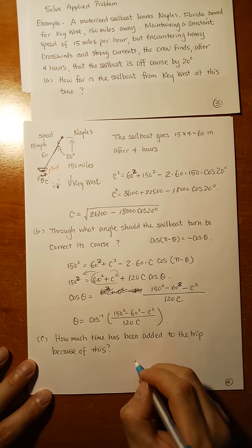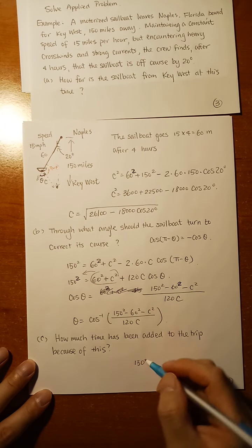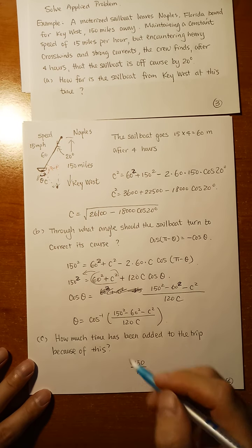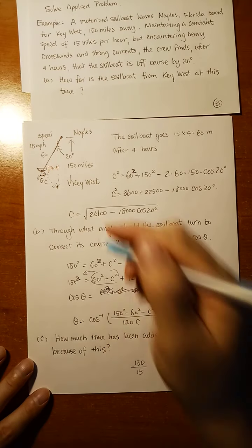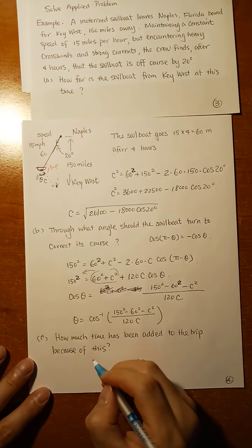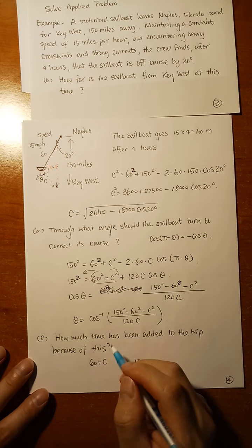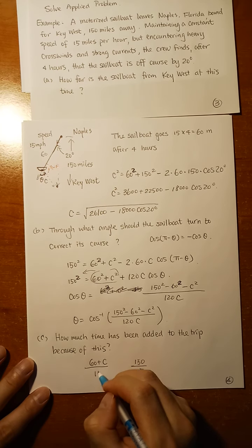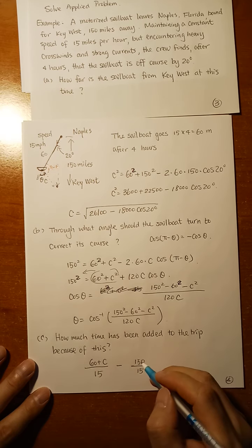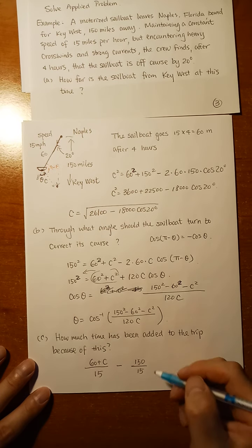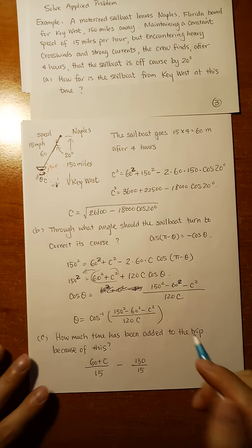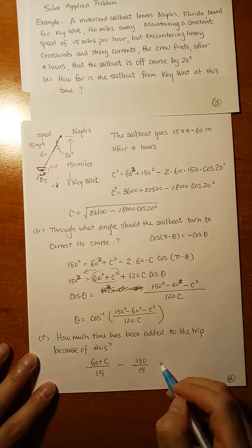So you only need 150 miles over 15 miles per hour, so you need 10 hours to go to Key West. But currently, you have the long tour, 60 plus C. So 60 plus C is the total distance over 15 miles per hour, and this ratio gives you the new time. You subtract the original time from the new time. It is the time you need to add. So this quantity will be the answer.